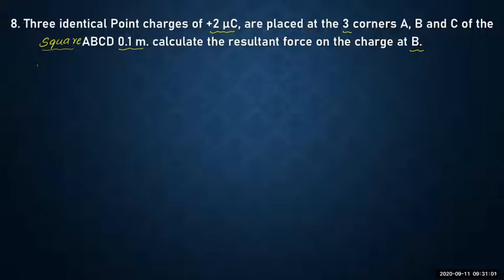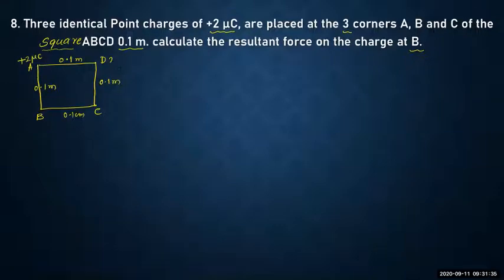Yes. So first you imagine one square here. You consider one square. Say it is ABCD, or like this. If I take it like this, ABCD. Then sides of the square, they are 0.1 meter. All sides are 0.1 meter only. Right? Then, see, in each corner, we have a charge of 2 microcoulomb.